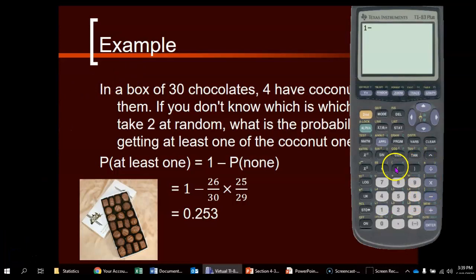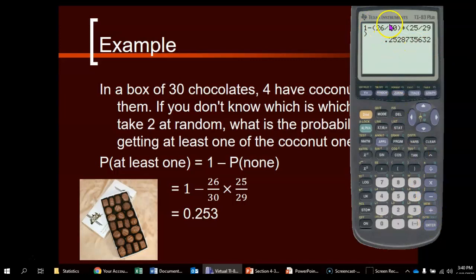1 minus 26 over 30 times 25 over 29. And the parentheses aren't strictly necessary. It would still work out fine if I left them out, but I'm putting them in to make it a little more obvious what's going on. We take 26 over 30 times 25 over 29, and then that gets subtracted from 1.